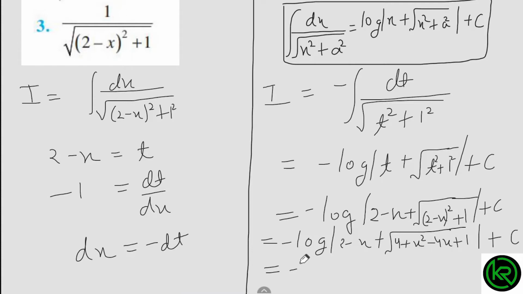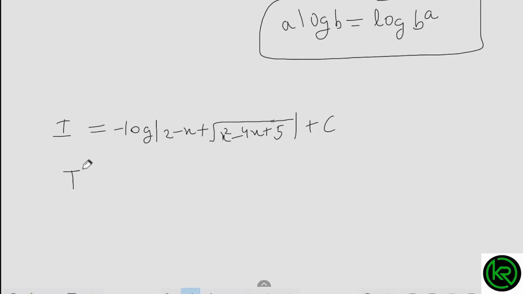So our final answer will be minus log mod 2 minus x plus under root x square, here x square, and minus 4x, and 4 plus 1 is students 5, mod close and plus c. After this students, we will use the log property, that a log b is equal to log b to the power a.